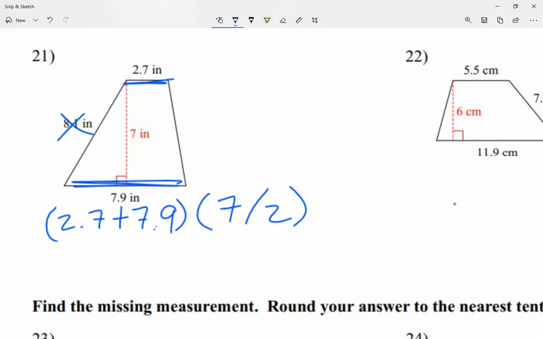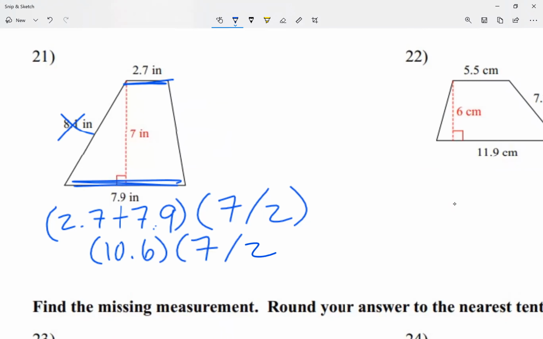Now, when I look at my calculator, 2.7 plus 7.9, I get 10.6. So my first parenthesis is 10.6. I'm going to multiply this by 7 and then divide it by 2. And I get 37.1.